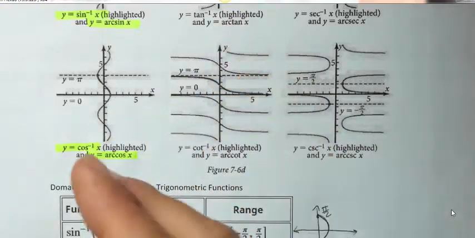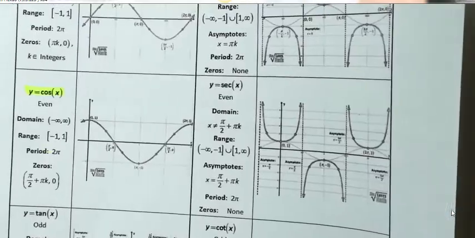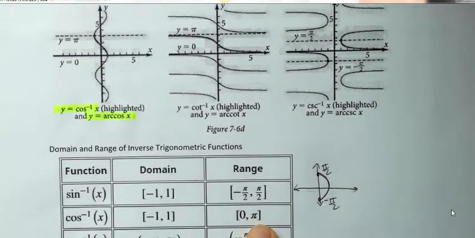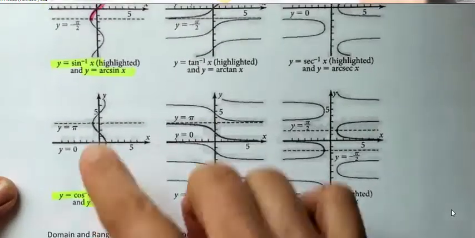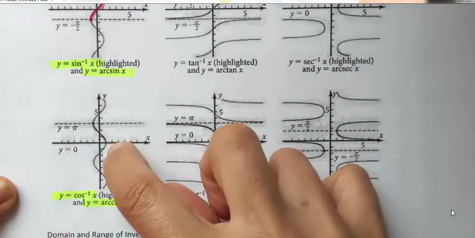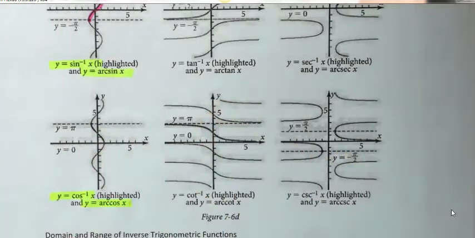So once again, we're going to restrict our domain in this original function, which basically then becomes my range in the inverse function. So instead of going from positive infinity to negative infinity, we're restricting it, and this one goes from pi down to 0.